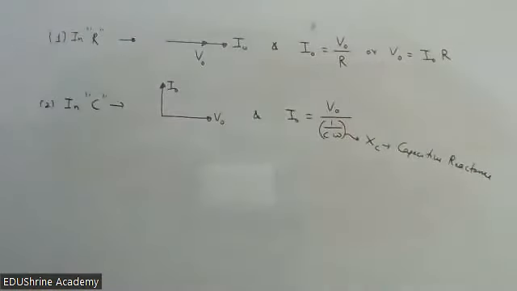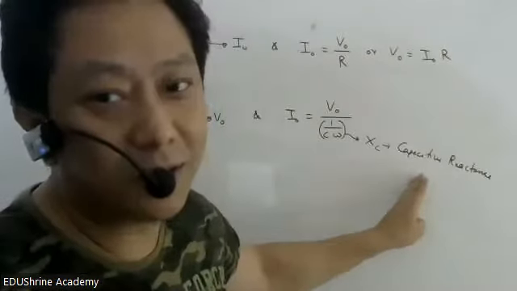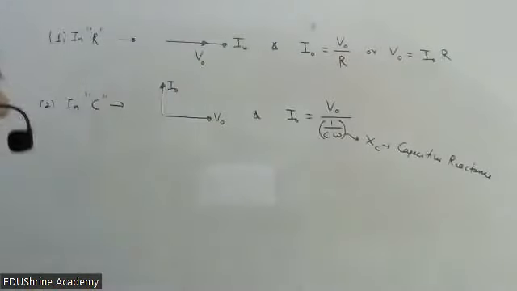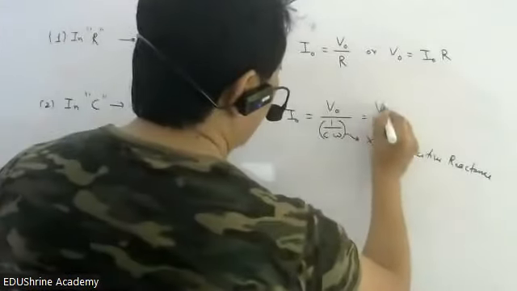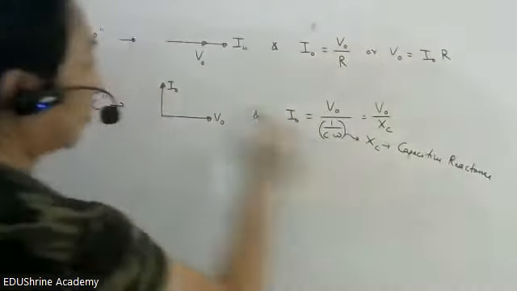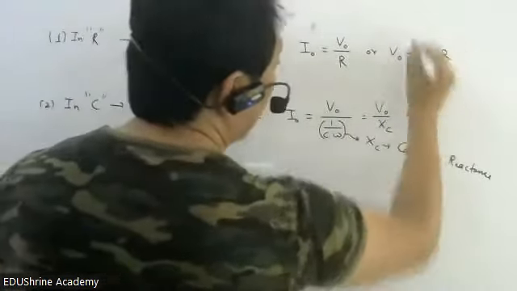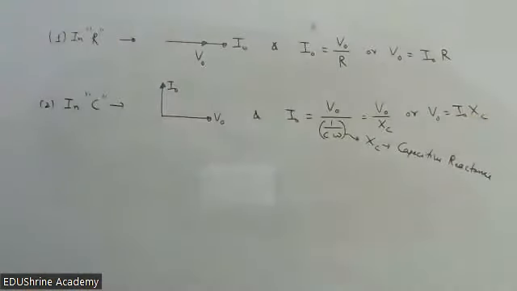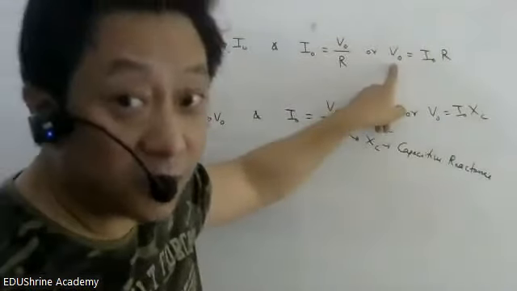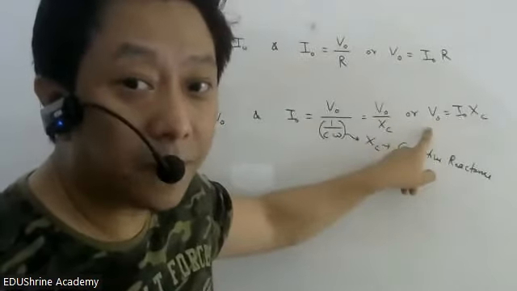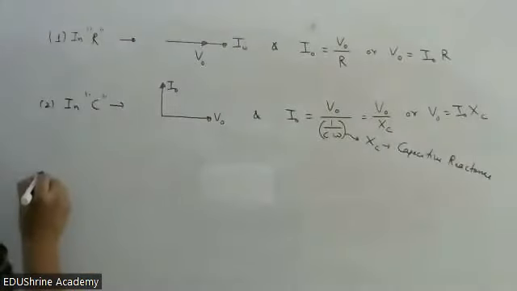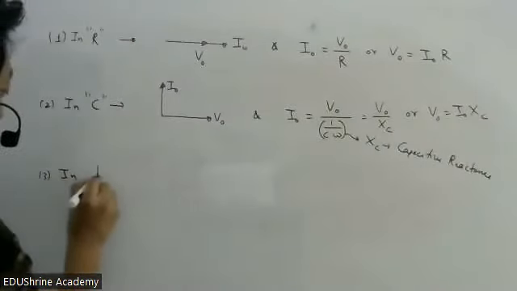Yes, sir. And this capacitive reactance basically opposes AC. It opposes the flow of alternating current. And we wrote this formula as V naught by XC. If you cross multiply, you can write in the same style, V naught is equals to I naught XC. But please understand, students, this is voltage across resistor. This is voltage across capacitor.